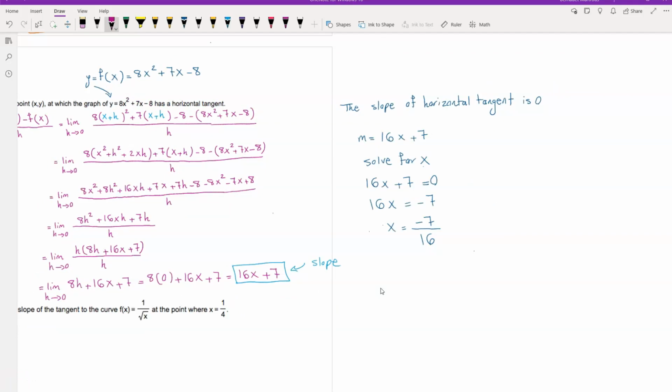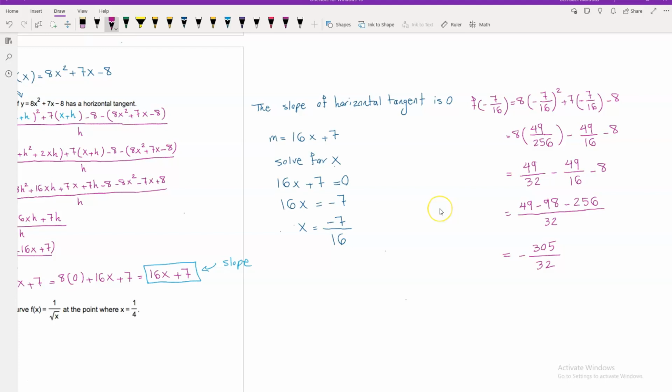Now that we have our x, we have to use negative 7 divided by 16 in our function and find f of negative 7 over 16. So using 8x squared plus 7x minus 8, instead of x we have negative 7 divided by 16.